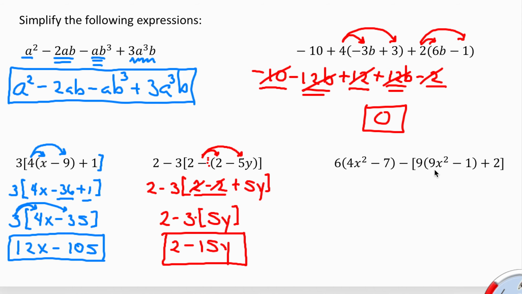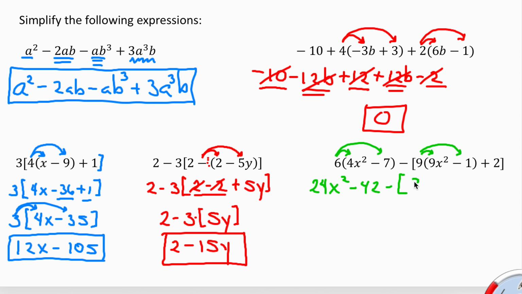Okay, inside parentheses first. And here's another parenthesis. So 24x squared minus 42. Got a minus there, but this one stays.